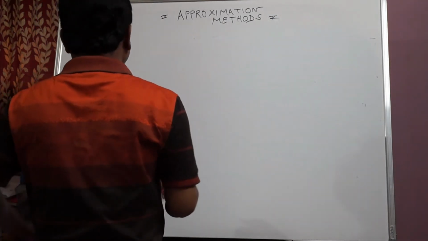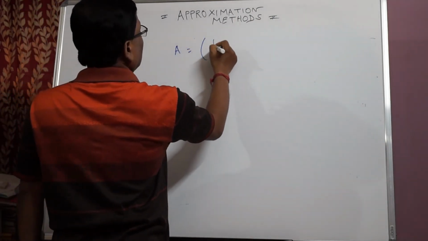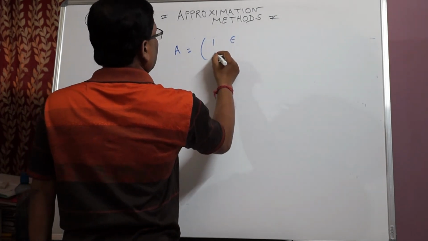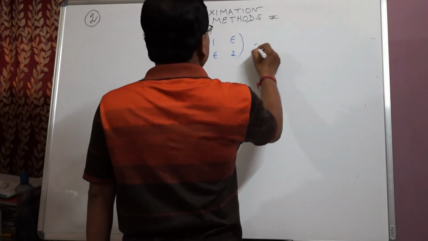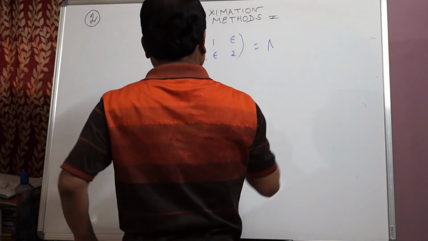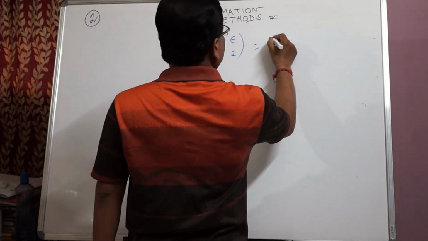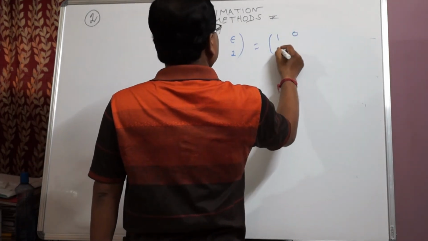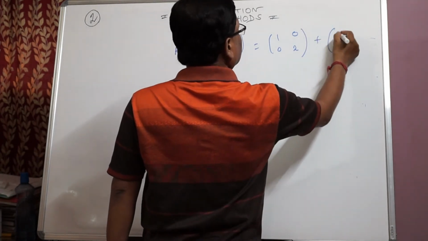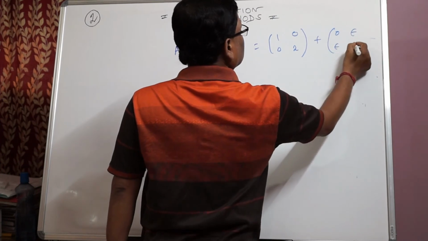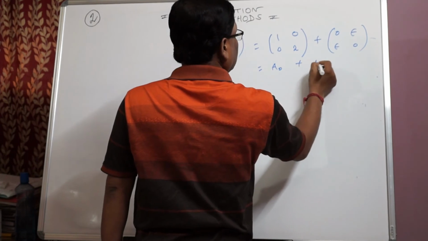Say this is a matrix A. This I subdivide in two parts, A0 and A prime.